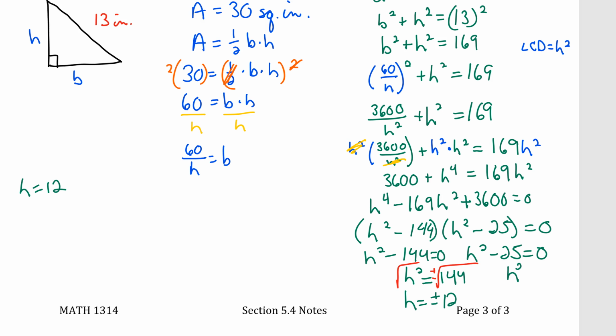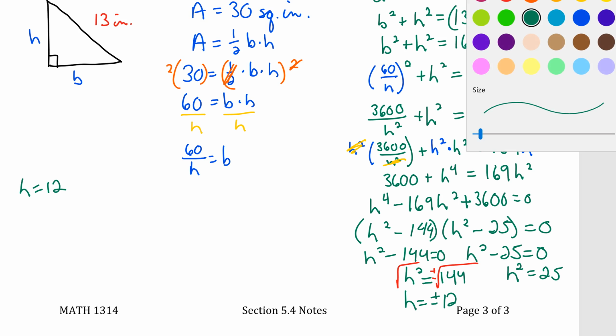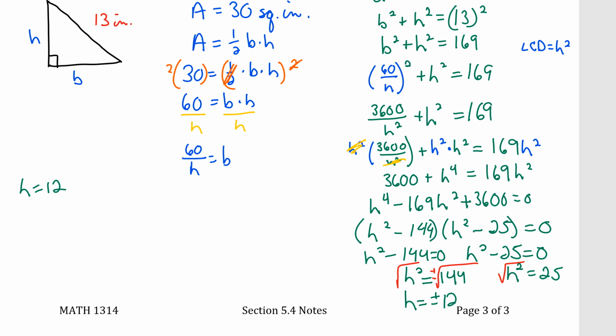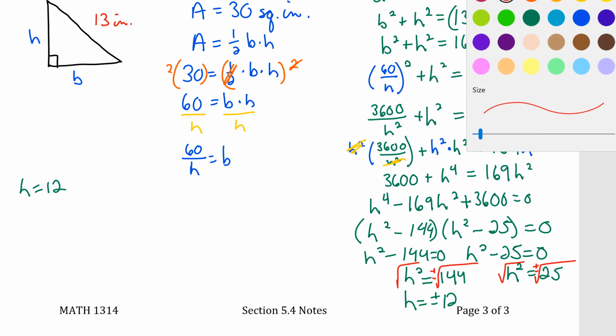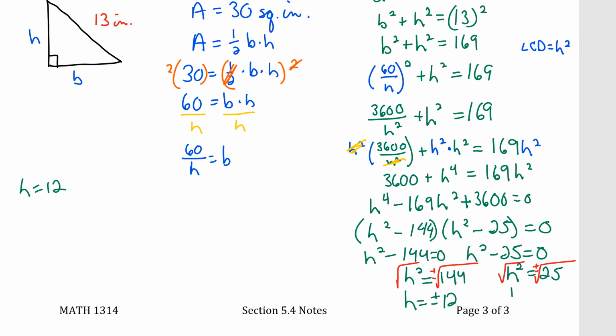Now let's look at the other one. It's equal to 25. Take the square root of both sides, positive or negative square root. And so I get that h is equal to a positive or negative 5. But again, we're talking about the height. Height cannot be negative. So h is equal to 5.